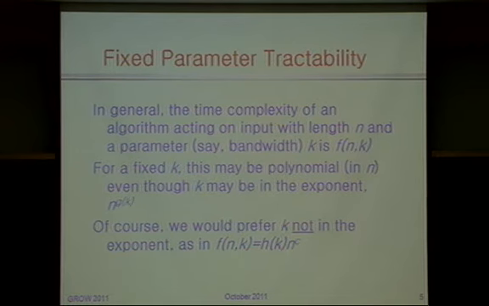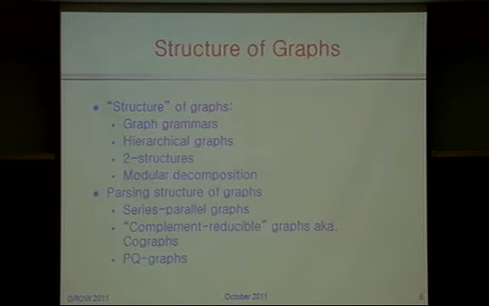And here, you know, separation of concerns, the function of m and the function of k. We can separate there, and if one is polynomial, while the other may be hyper-exponential, then as long as k is fixed, we have fixed parameter tractability. So that was the complexity of computation part.